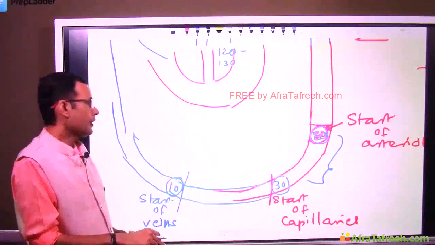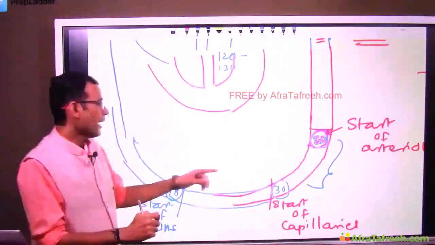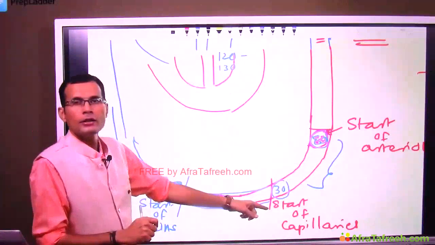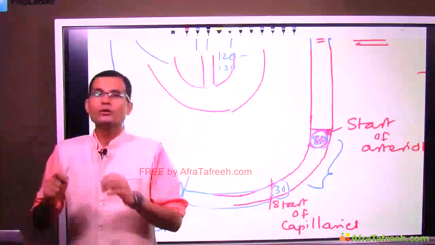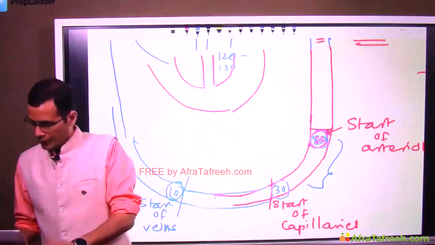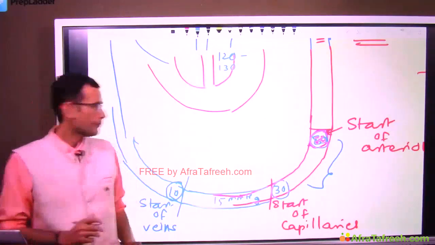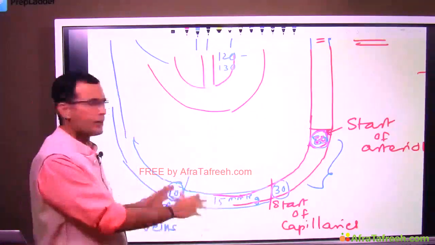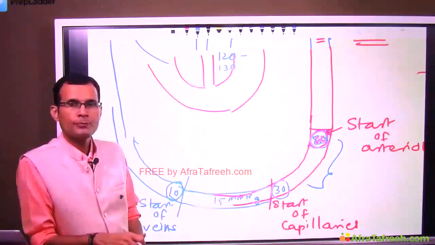Now the second point is, look, at the start of the capillaries the pressure is 30 and at the end of the capillaries the pressure is 10. So the average capillary pressure is 15 mm of Hg. Average capillary pressure in the systemic circulation is 15 mm of Hg.